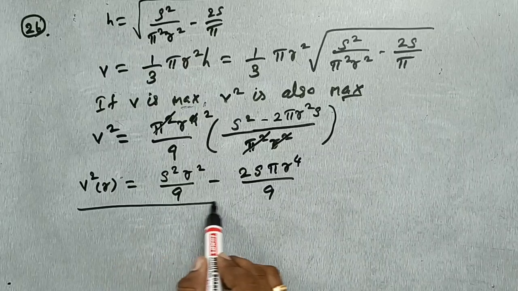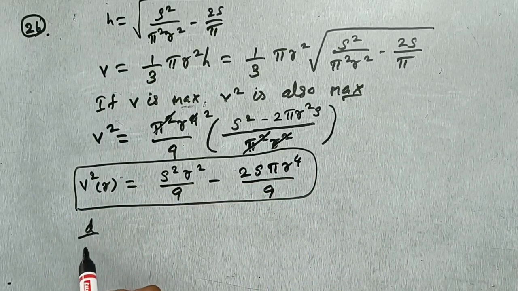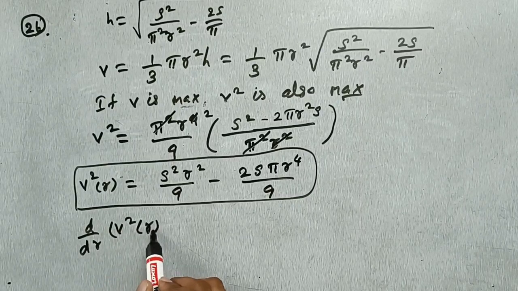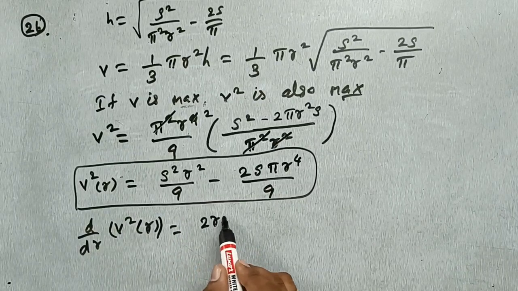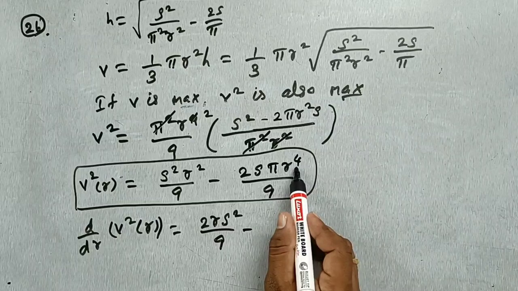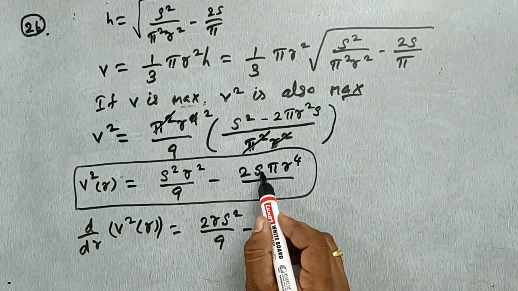So now I am going to find the first derivative of this, that is d by dR of this V square in terms of R. Differentiation of this, we will get 2 into R into S square by 9 minus the differentiation of R power 4. The remaining are all constants because S is the surface area, it is given.